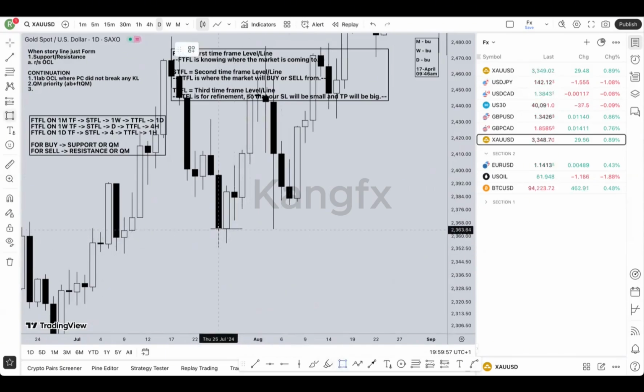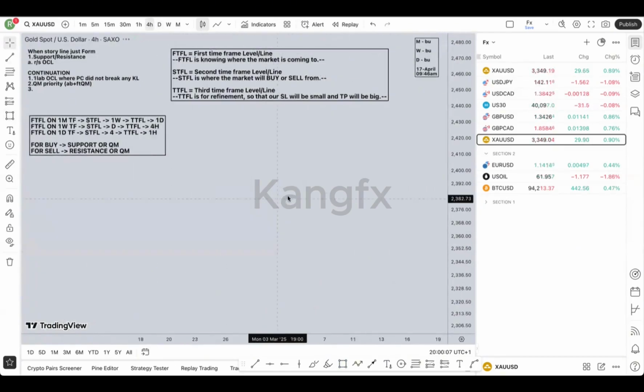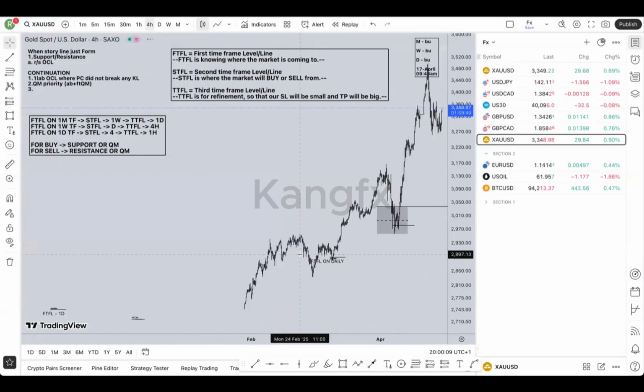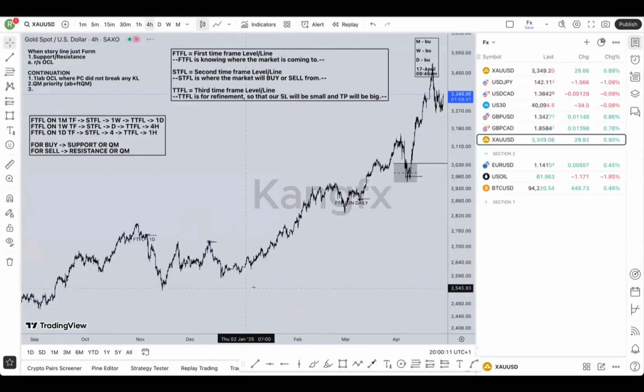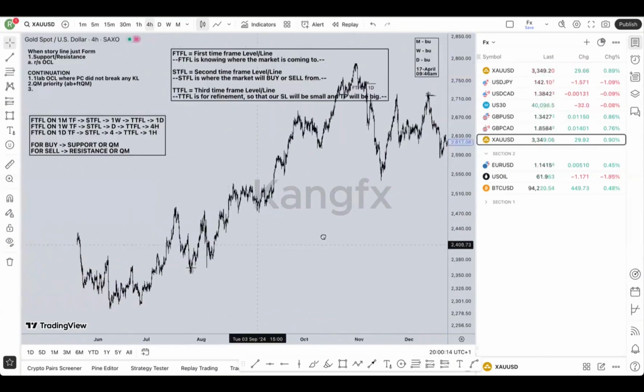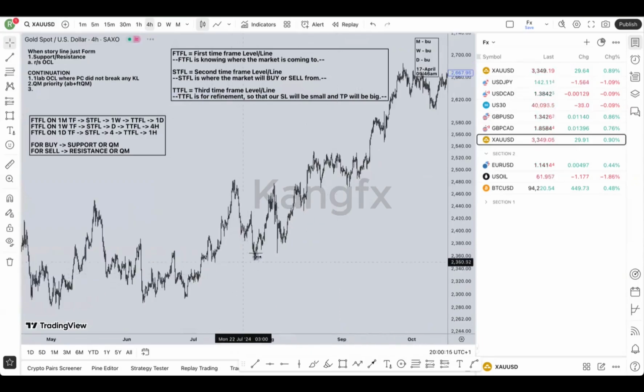I get the rectangle, draw it from the body. You see that body close of the candle, extend it one step, then go down to 4 hour. This is it here.